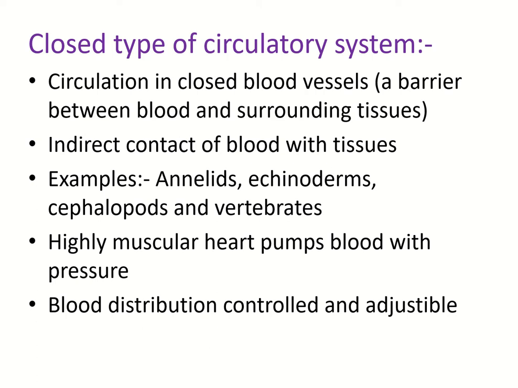So blood is not in direct contact with the tissues. The examples of closed type of circulatory system are annelids, echinoderms, cephalopods and vertebrates.